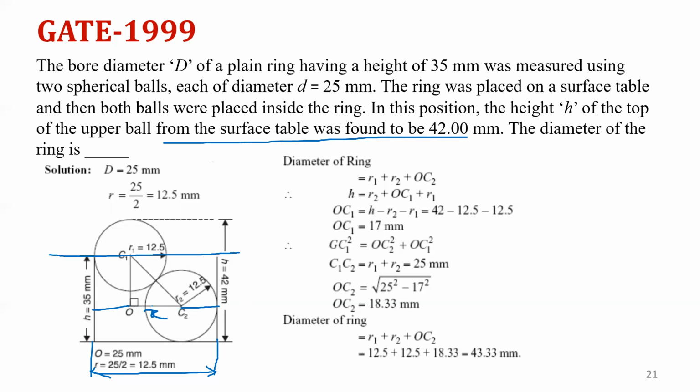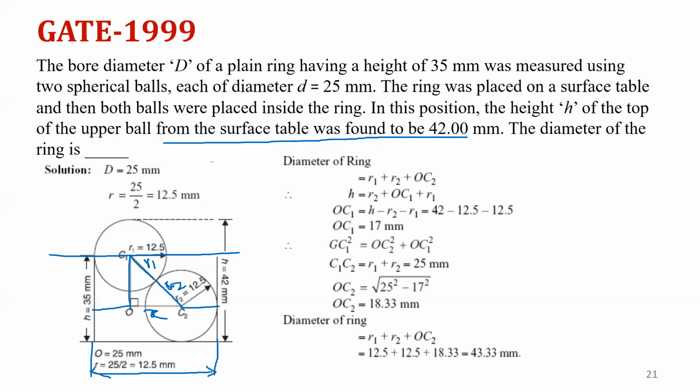To find this x, we need this diagonal, where this is the radius r1 and this is the radius r2. So r1 plus r2 is the hypotenuse, and we need to find this other length, and then you can calculate x.